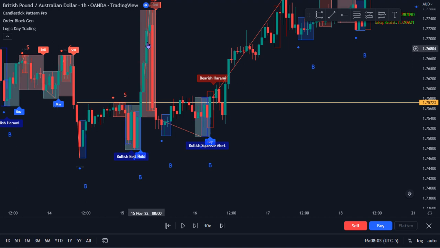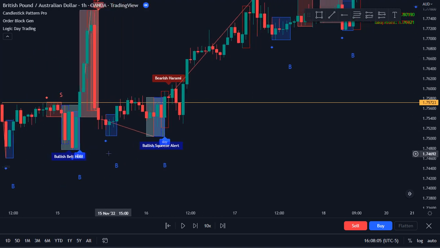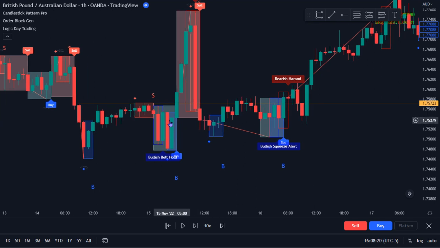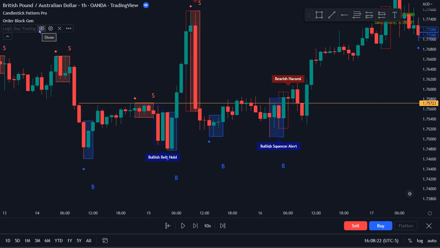And right before we see that break of structure, we see the same thing. While it's not a bullish hammer, it's a bullish belt hold inside of the Logic Day Trading buy zone. And as I now turn off the Logic Day Trading, while the bullish belt hold candlestick pattern doesn't share a candle with the order block, it's still all happening inside of the Logic Day Trading zone.